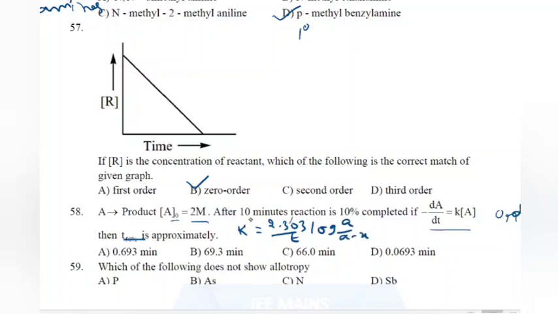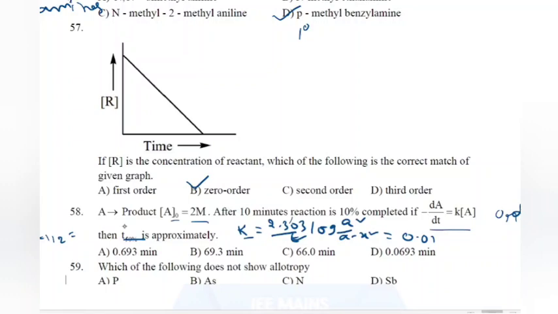So they have given 10 minutes and 10% completed. So if A is taken as 100 and x is taken as 10 and t is taken as 10 minutes, you will get the K value first. It will be around 0.01 second inverse. But they're asking for t 50%. How to calculate? In first order reaction, t half is equal to 0.693. Sorry.